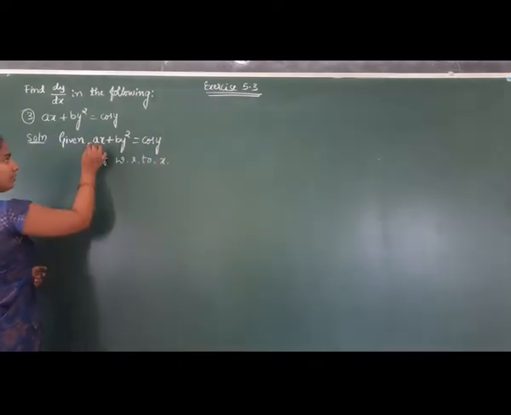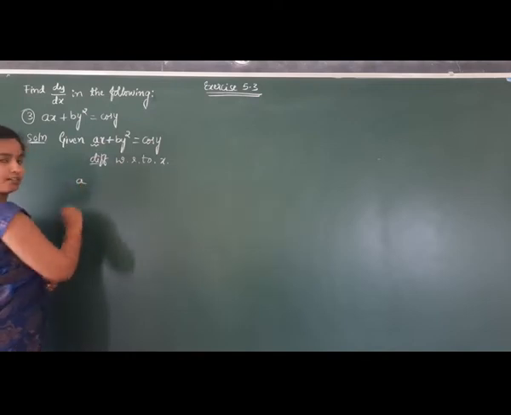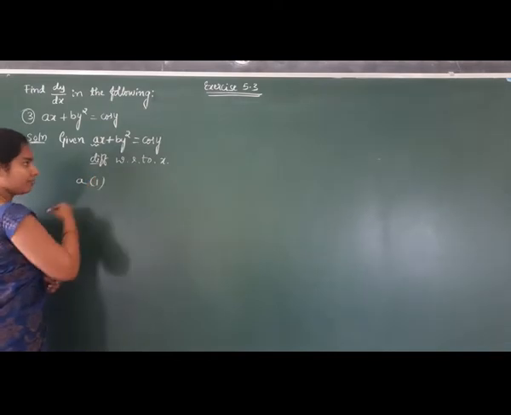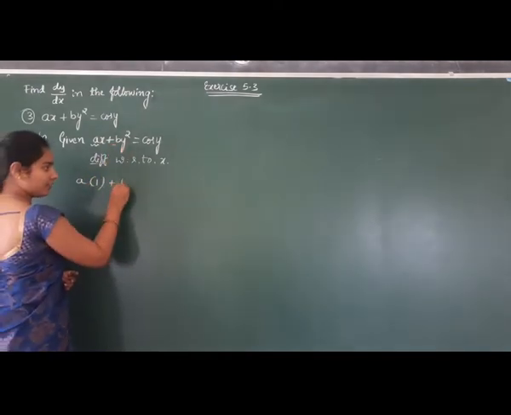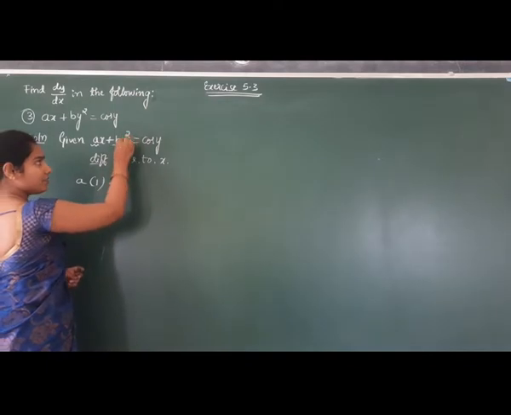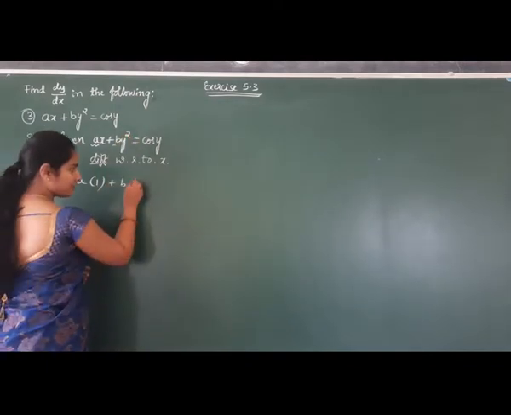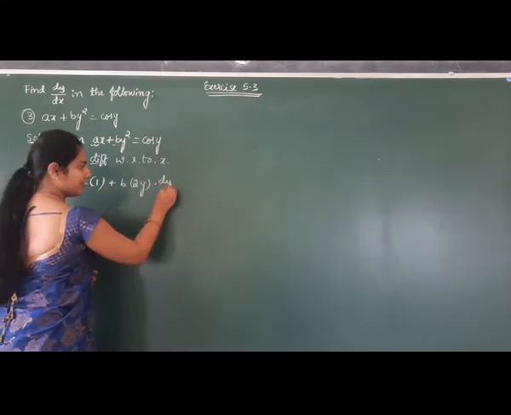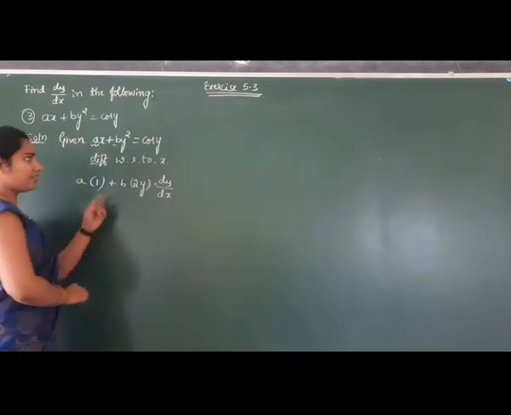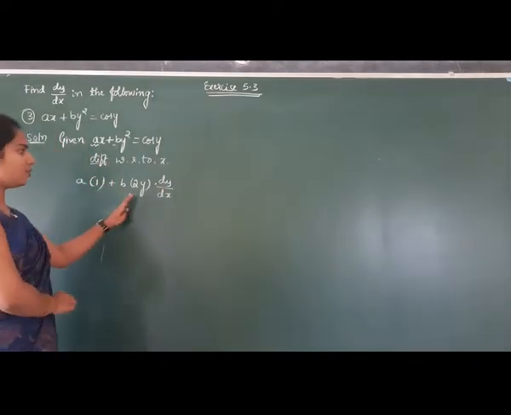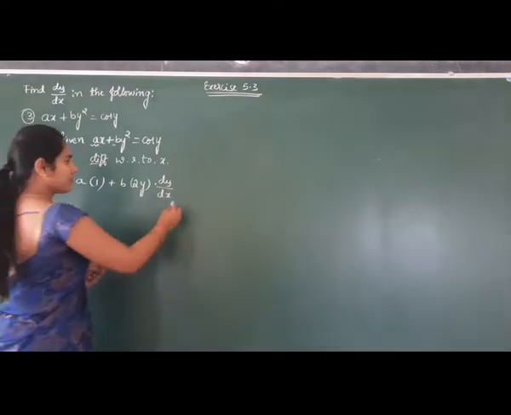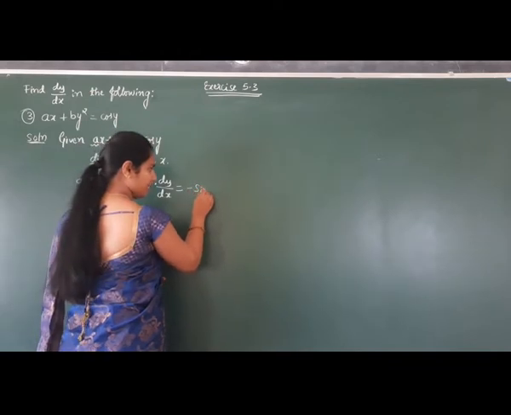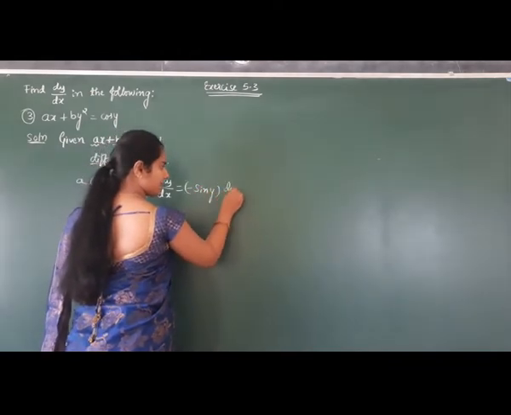Here a is a constant. So derivative of x with respect to x is 1, plus b is a constant, and derivative of y square with respect to x is 2y into dy by dx. This is equal to derivative of cos y, which is minus sin y into dy by dx.